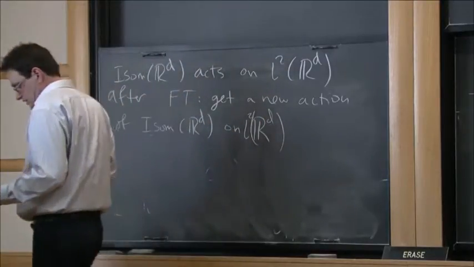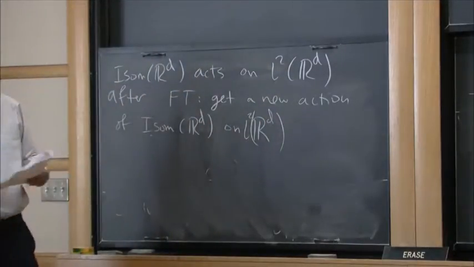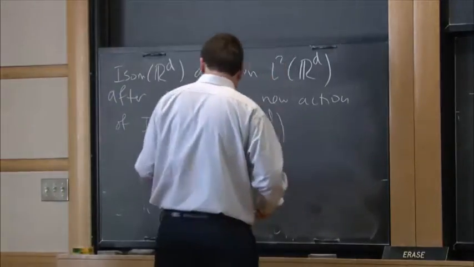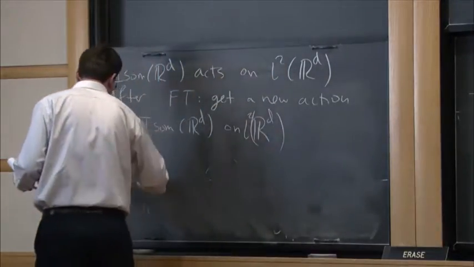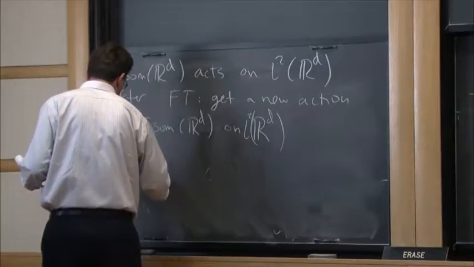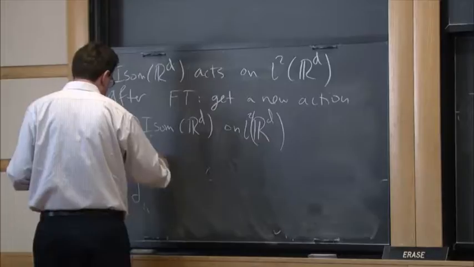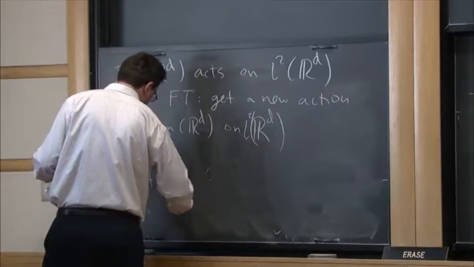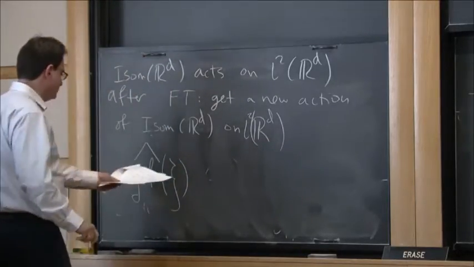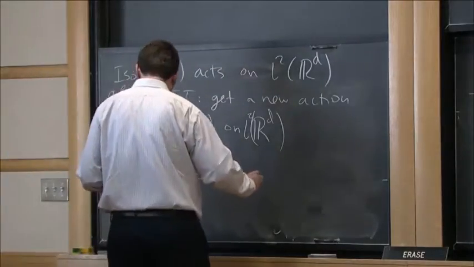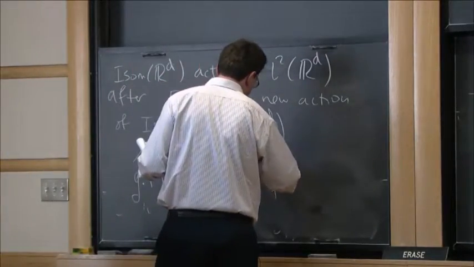But the action looks a bit different. If I take g, apply it to a function f, and take the Fourier transform at some xi in Rd, the rotation part acts like expected.